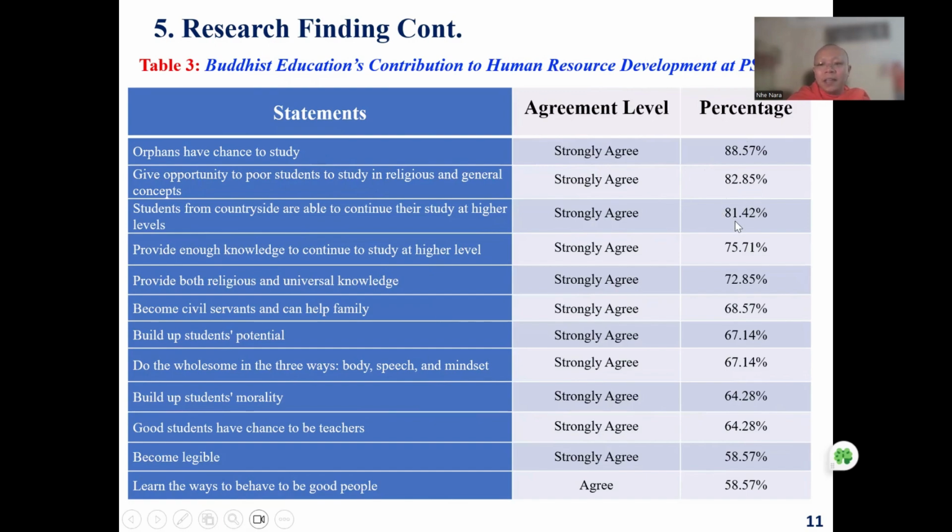Followed by 81.42% saying students from the countryside are able to continue their study at a higher level. So this can be connected with the social safety net: Buddhist education not just gives education, but also a place for residential living and free meals offered by the lay people.